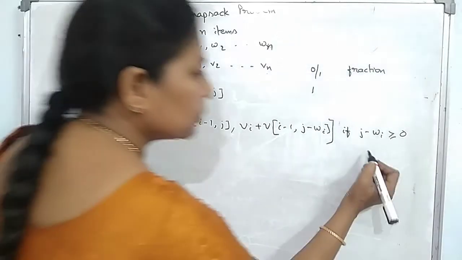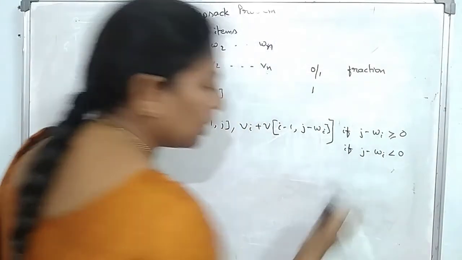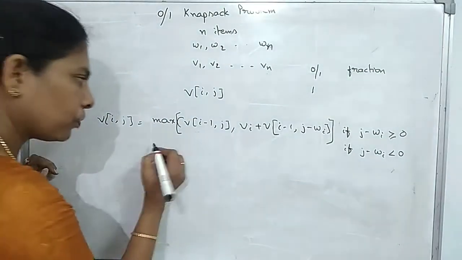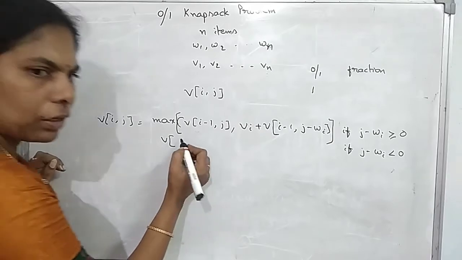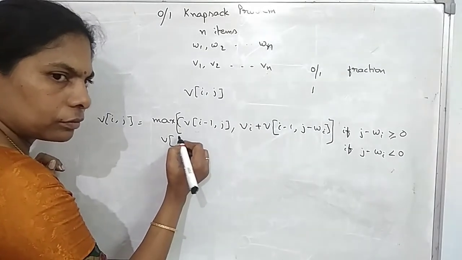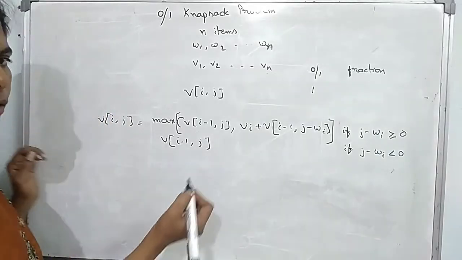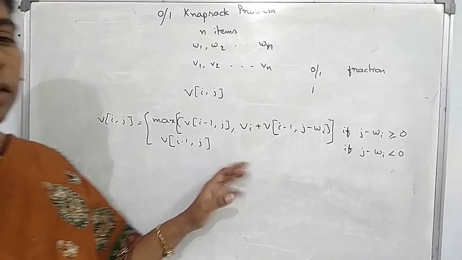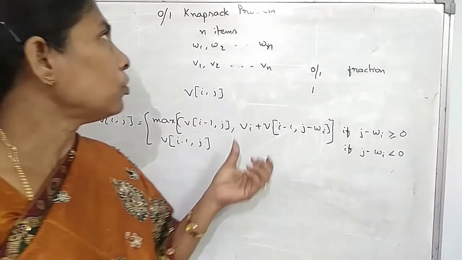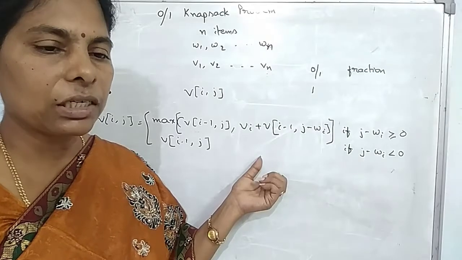If j minus Wi is less than 0, at that time you simply use V of i minus 1 comma j. So these are the two equations you can follow. And to solve the 0/1 knapsack problem, you must also have some initial conditions.